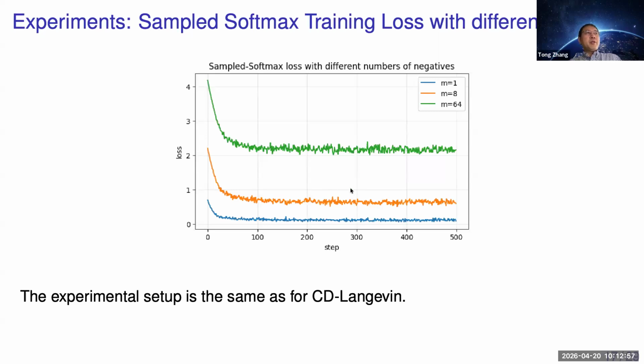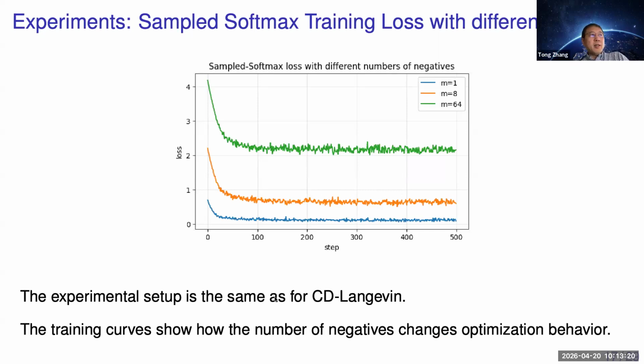What you also want to see is that eventually they will converge, but usually when M goes up, it should be better. This is what we want to say. Examining the same setup, the training curve, just to say that M matters in some way.